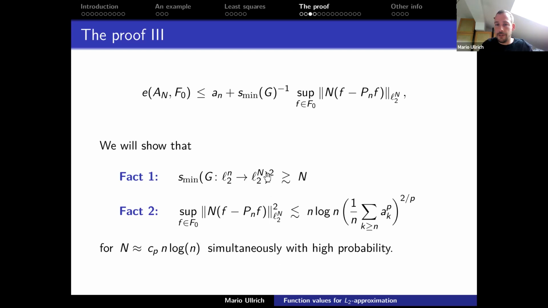We take squares here because it's nicer. So we want to prove these two facts simultaneously with high probability. And once we have that, you see n is approximately N over log n, and if I insert these two inequalities in our upper bound, we see that we are done, because the big N and the n log n cancel out each other.